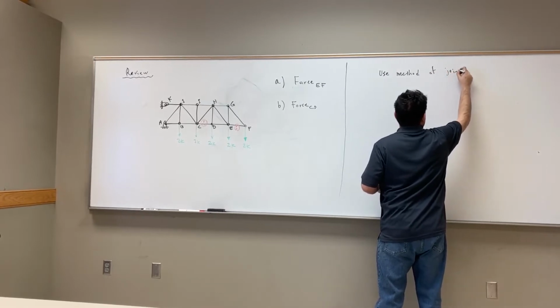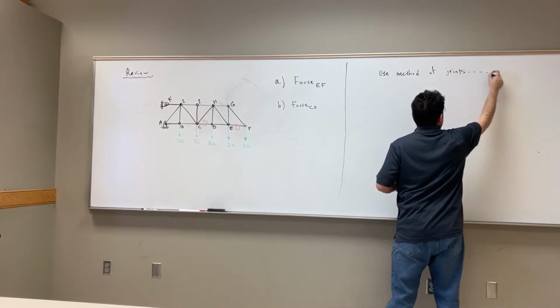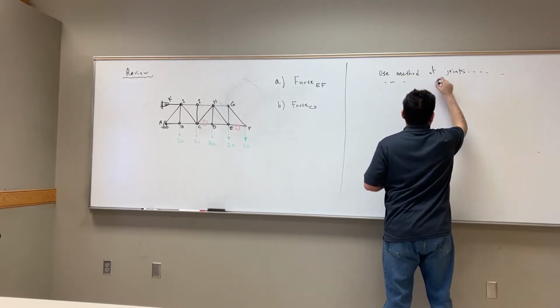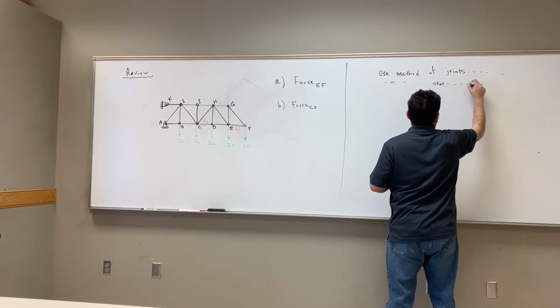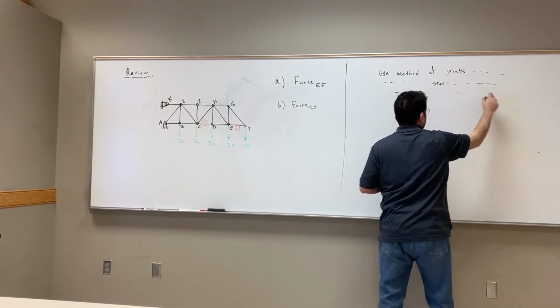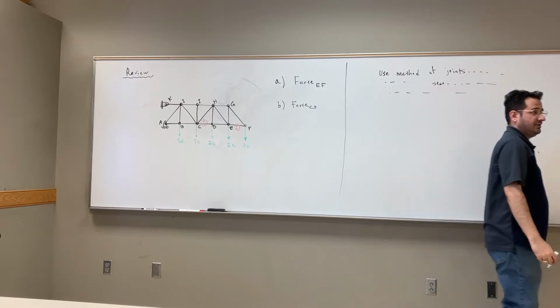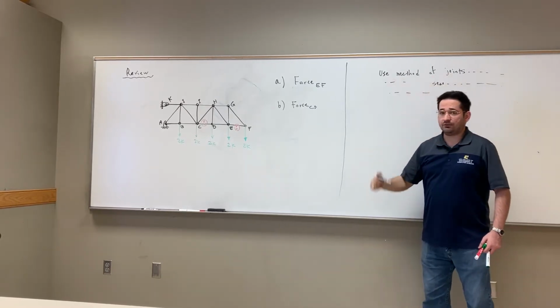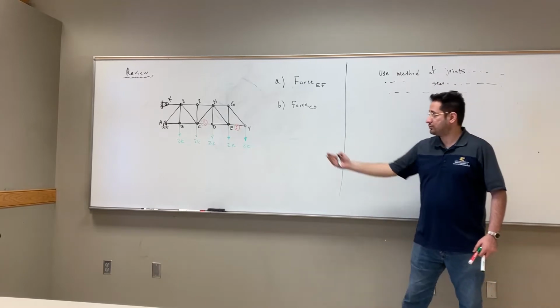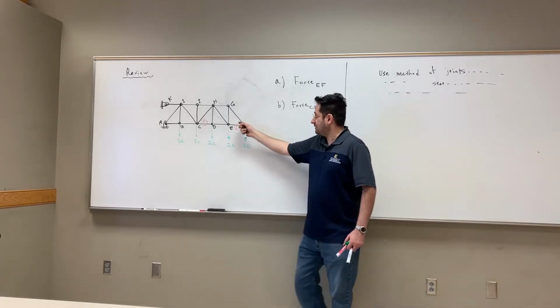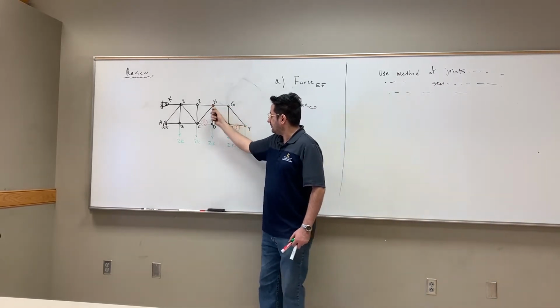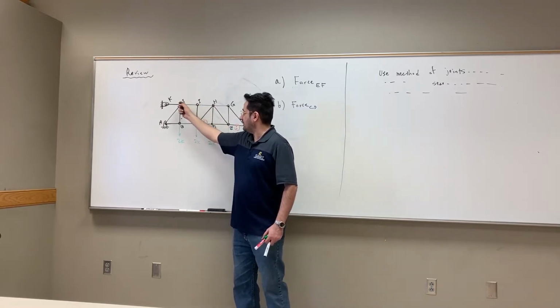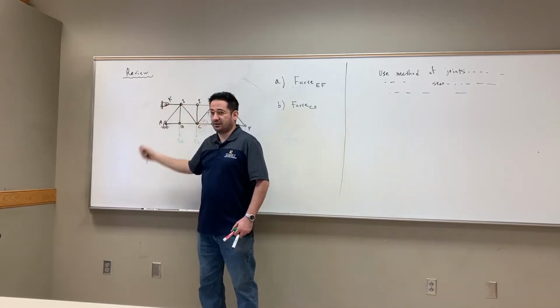joints, and then there was a lot of text here. Structural analysis and blah blah blah. It was like 3 paragraphs. But the question is, use method of joints, but what joint? I have 1, 2, 3, 4, 5, 6, 7, 8, 9, 10, 11.